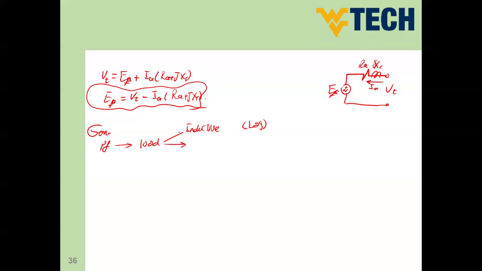And it can be capacitive load, and the power factor in this case is going to be leading power factor. And it can be also resistive load, and in this case, the power factor is going to be unity power factor. This is in case of the synchronous generator.